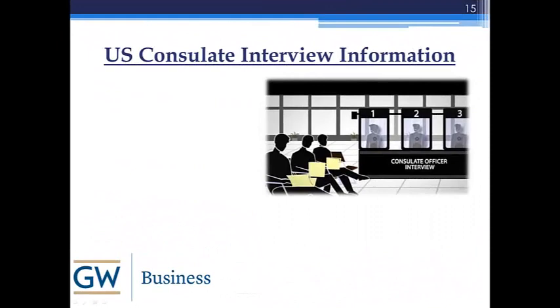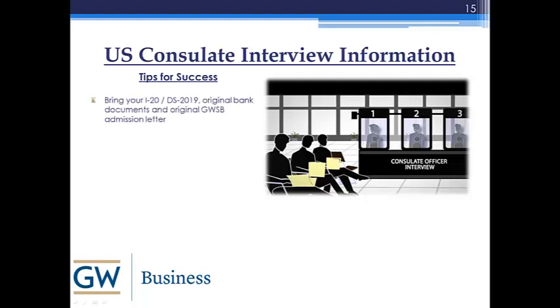After you receive all of your documents from GW, it will then be time to fill out the visa application form and schedule your visa interview at the U.S. Consulate. For your visa interview, be sure to bring with you your original I-20 or DS-2019, your original bank documents, and your original admissions letter from GWSB.